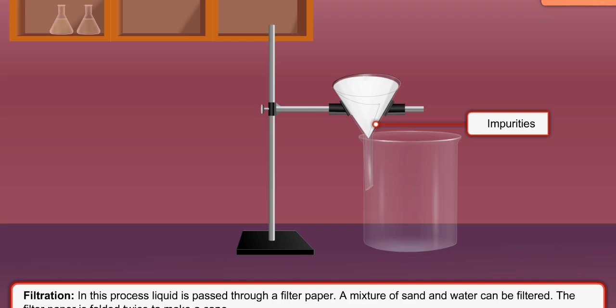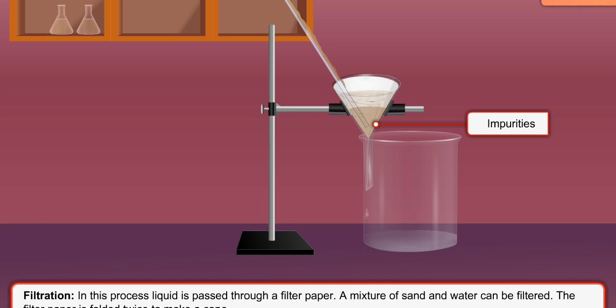Filtration. In this process, liquid is passed through a filter paper. A mixture of sand and water can be filtered. The filter paper is folded twice to make a cone. This cone is kept inside a funnel.